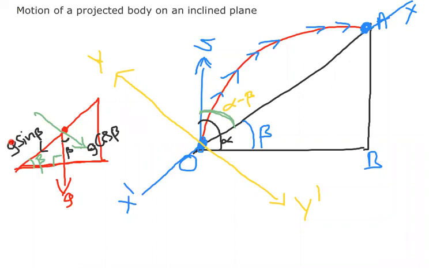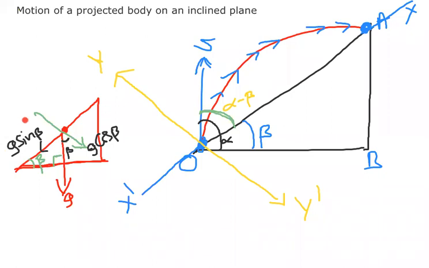Now from this information, I want the acceleration along the x-axis. What is the acceleration along the x-axis? It is g sin beta.